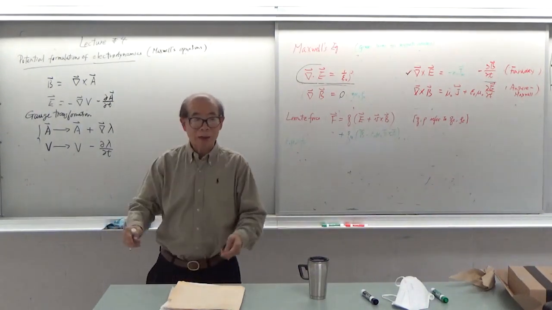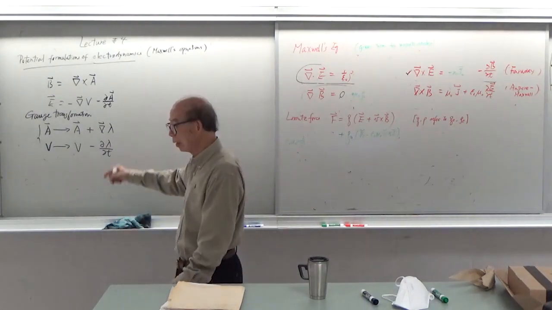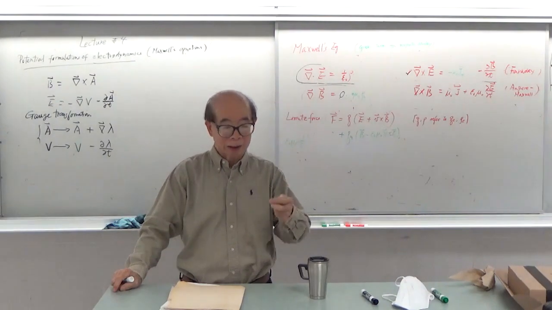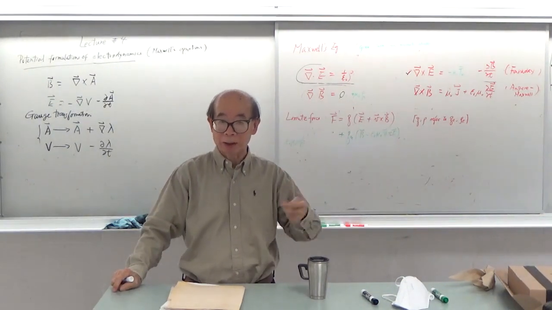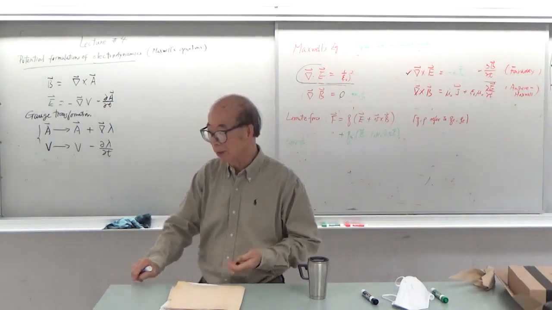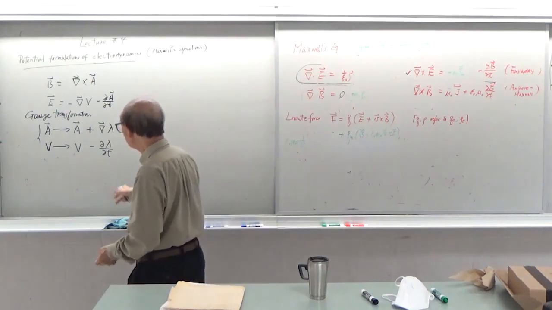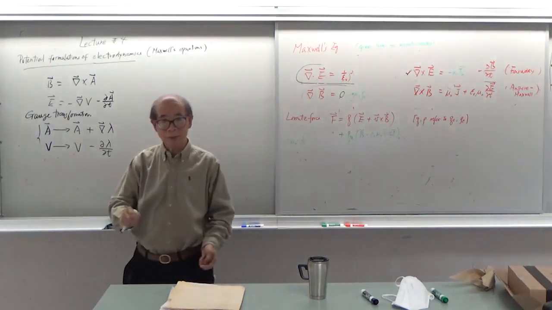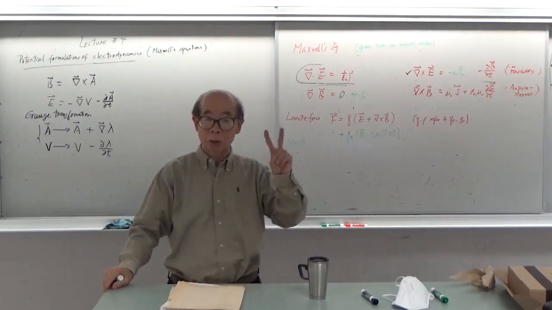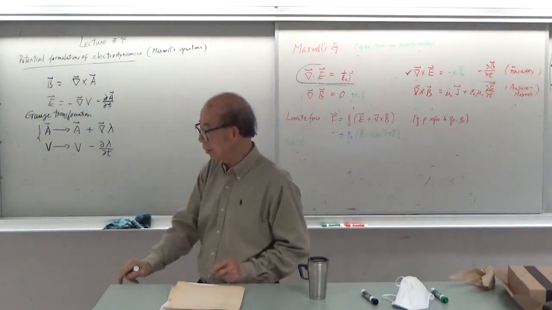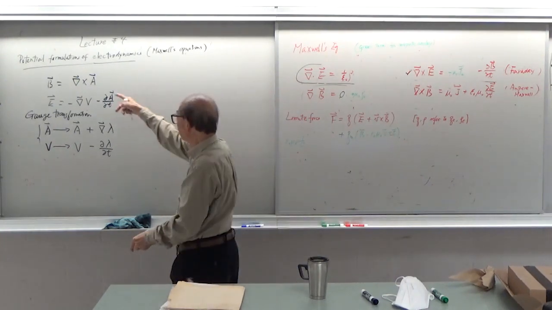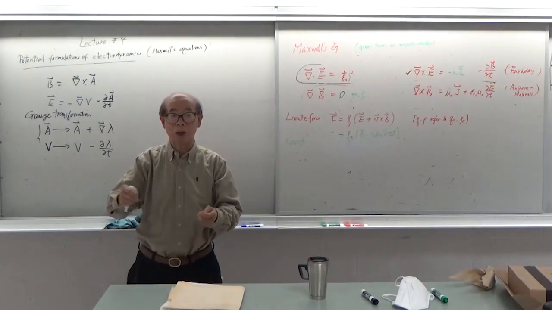And in particular, we can make changes in A and V in such a manner that we can have an easier time in doing calculations. By that I mean, we are going to choose certain classes of A and V. In particular, we will be talking about two classes, such that Maxwell's equations in terms of the potentials A and V can be solved easily.